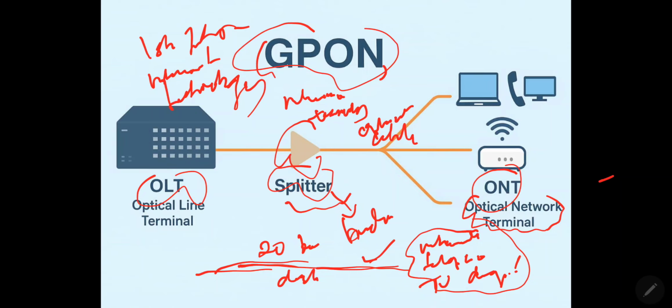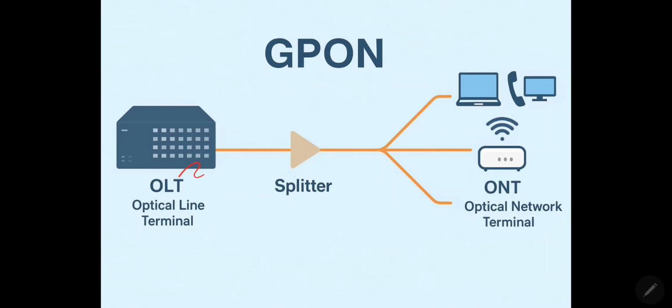Okay, I think that's enough for this introduction about the GPON, and next I will explain the components of the GPON. Let's start from OLT. OLT means Optical Line Terminal, and the location of this OLT is in the center of the ISP. ISP is the source for giving internet.